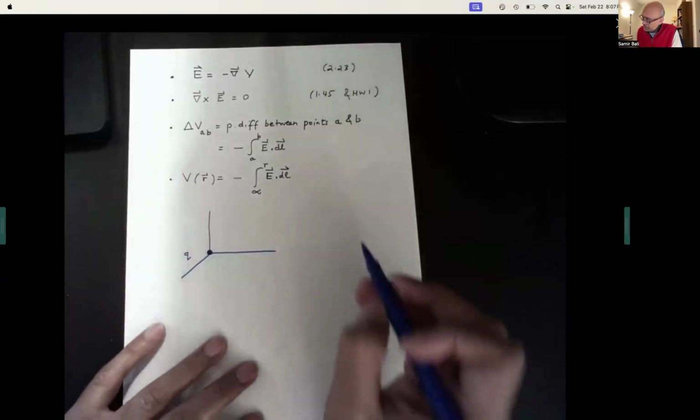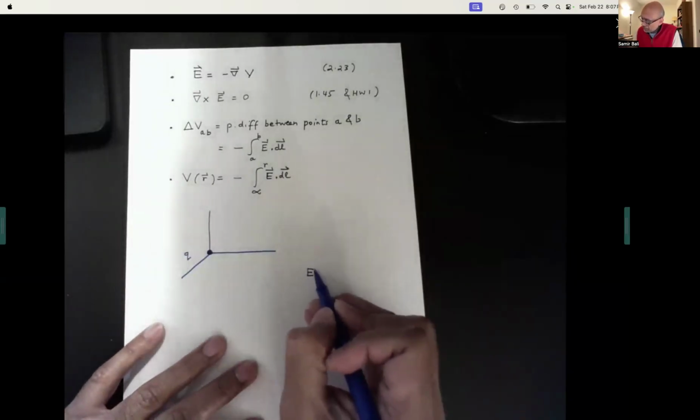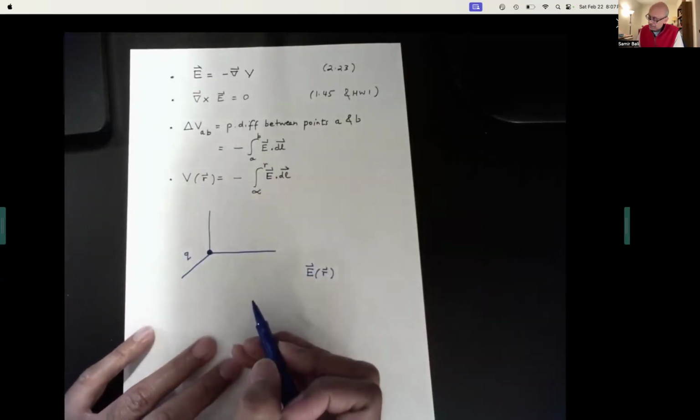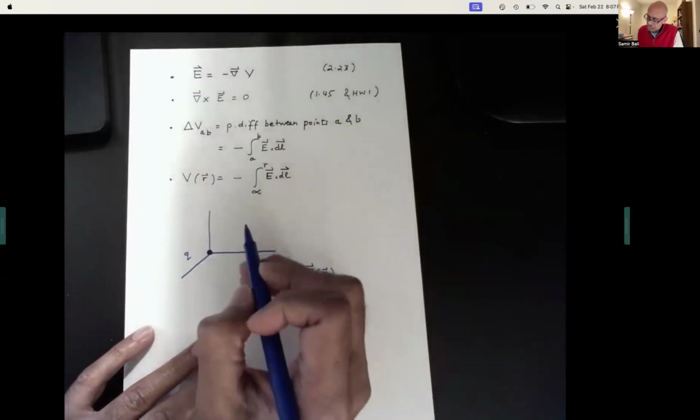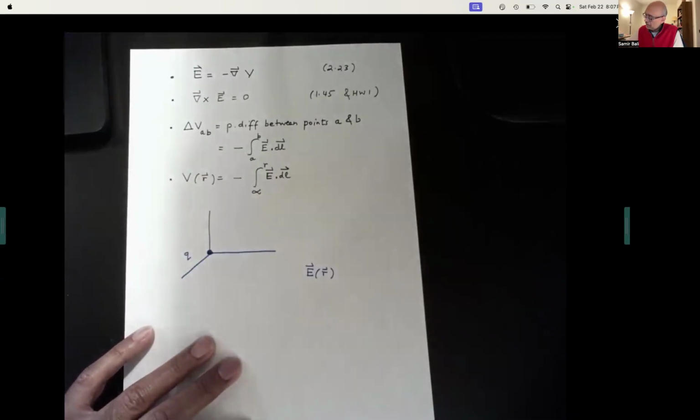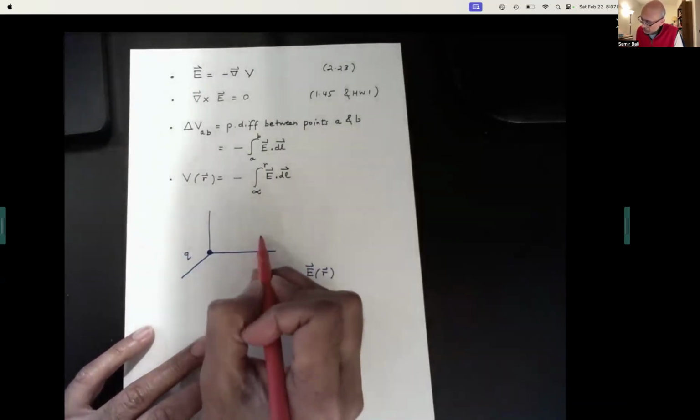It's the simplest case because I know the electric field at position R, let's say, we're here.